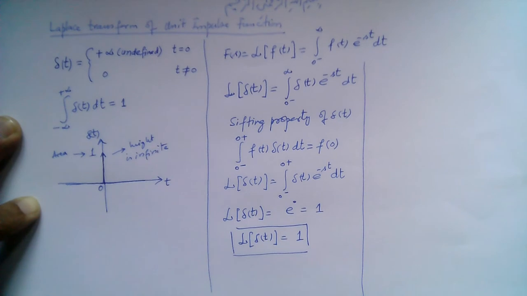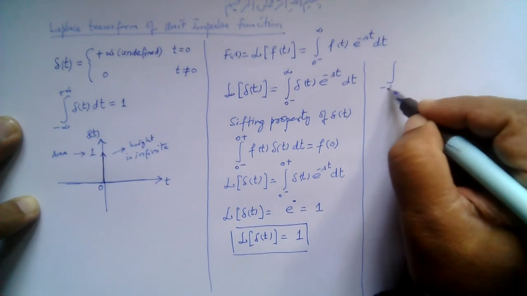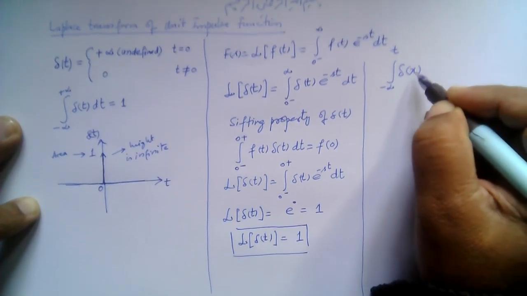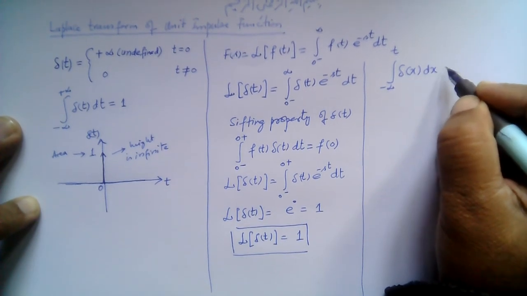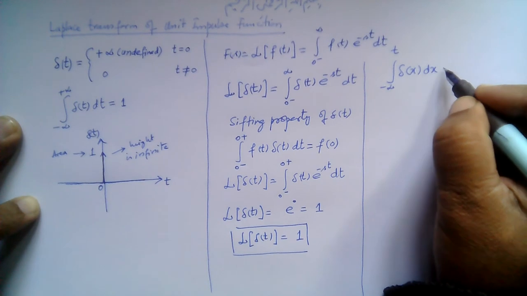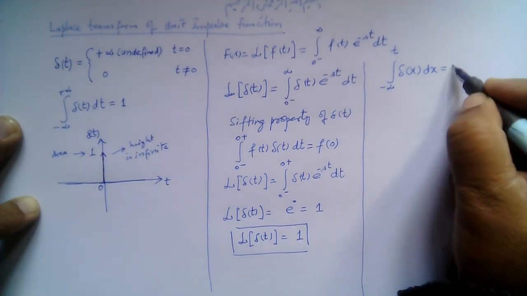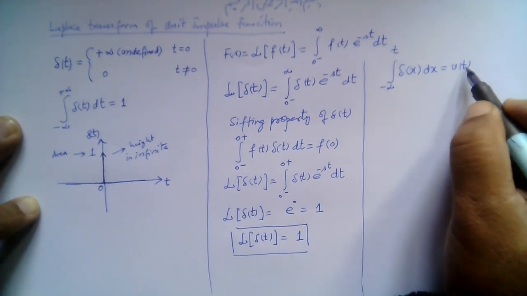So one more thing to note about the unit impulse function is that if we integrate it from minus infinity to t del x dx, this x is a dummy variable, right? It will result in a unit step function, right? This variable t appears here, then this is a dummy variable.